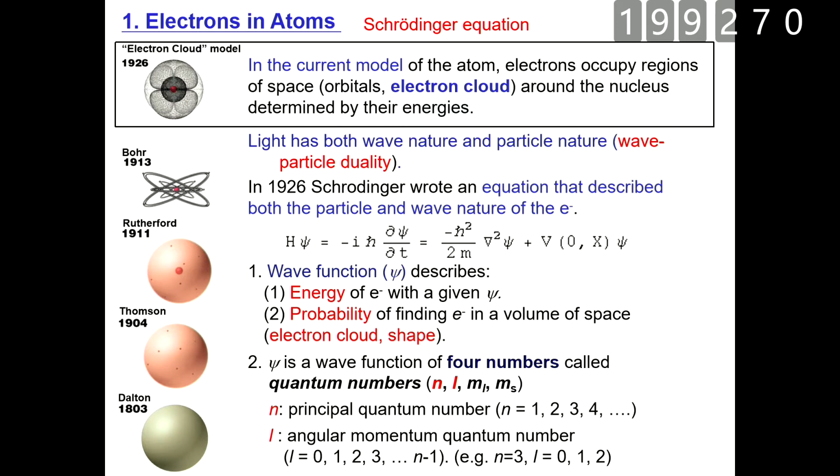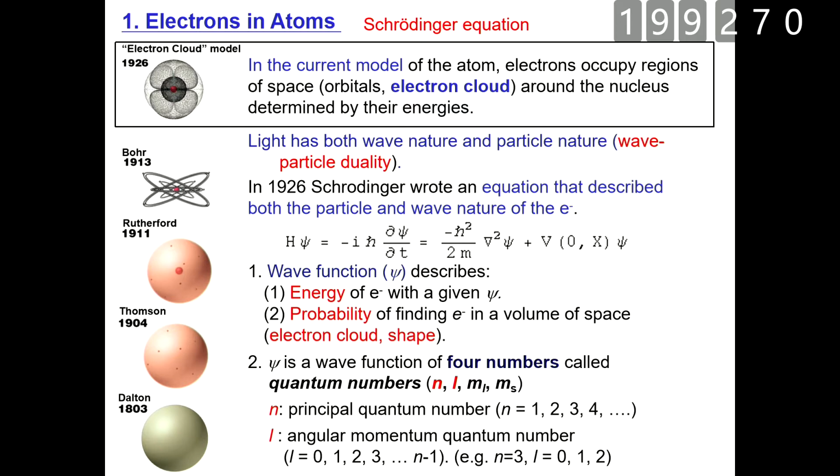Okay, so basically in this equation, we need to know that it has four very important numbers. These four numbers are called quantum numbers. So quantum numbers, therefore, we can write as n, l, m_l, m_s.